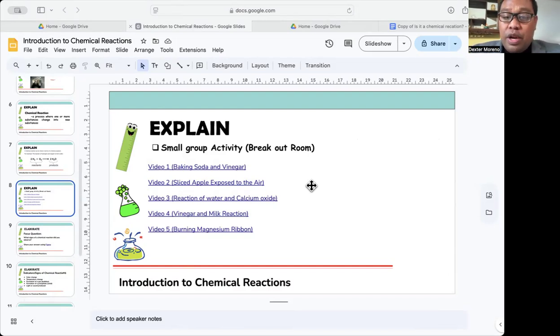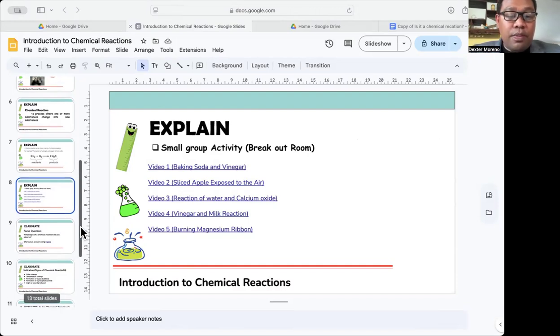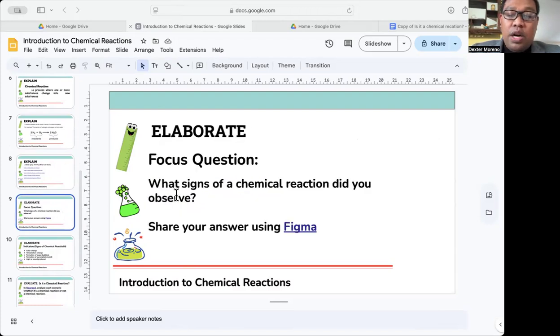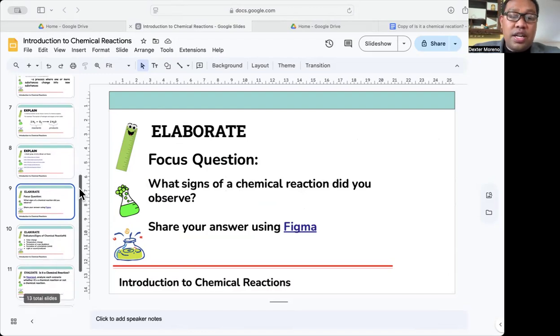In breakout room 3, you're going to watch video 3, then 4 for breakout room 4, and then video 5 for breakout room 5. All right? I'm going to give you 10 minutes to do that. And then when you are done, go over this slide, and I want you to answer this focus question: What signs of a chemical reaction did you observe in each video? Share your answer using Figma. All right, so go ahead and get started now.